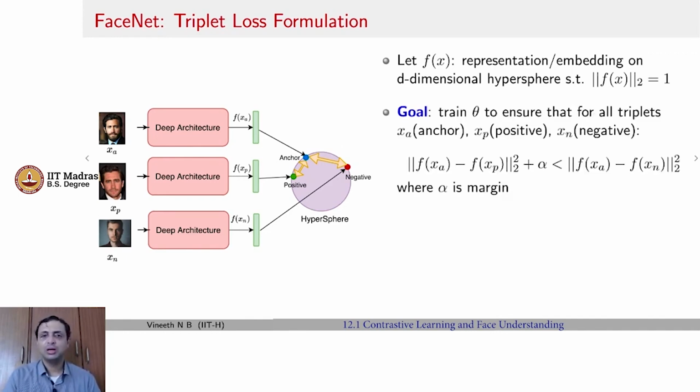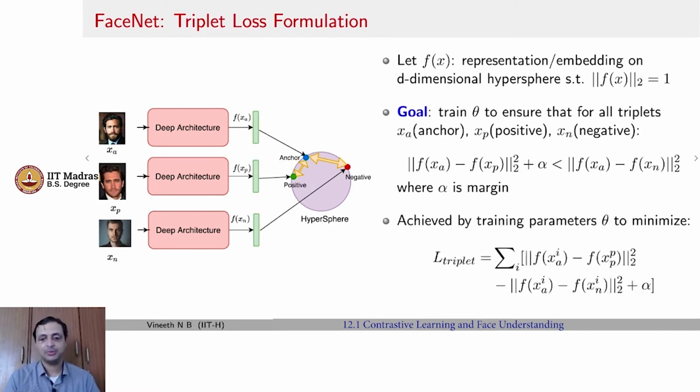And your goal now is to train θ, or the weights of the neural network, given all these triplets, to ensure that ||f(xa) - f(xp)||² + α is less than ||f(xa) - f(xn)||², where alpha is the margin.